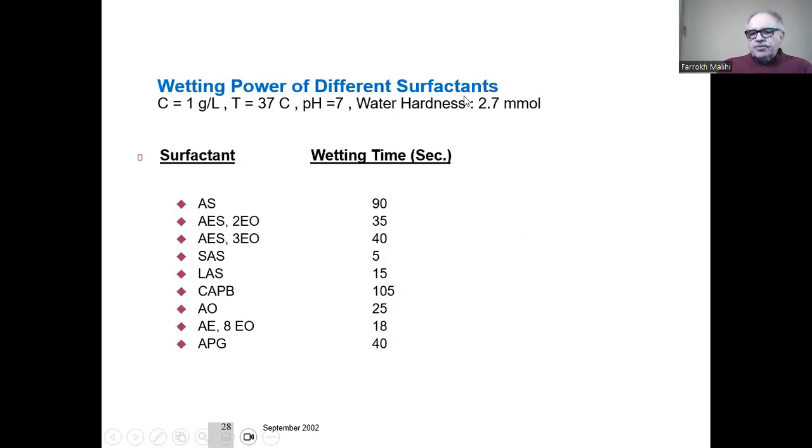Also, wetting power of different surfactants is shown here. Paraffin sulfonates have a very good wetting, so do the alkyl benzene sulfonates, and also alcohol ethoxylates.